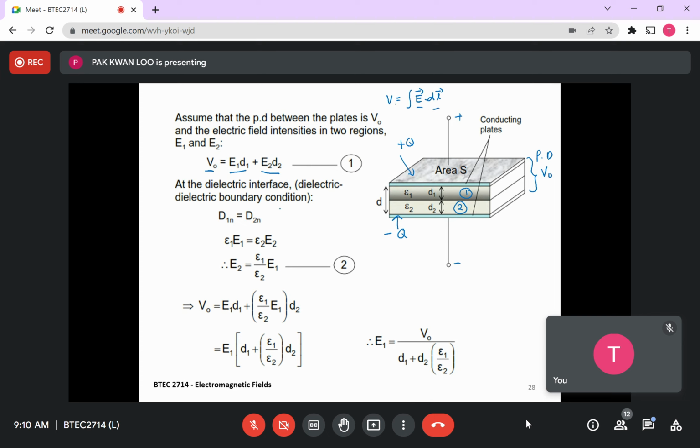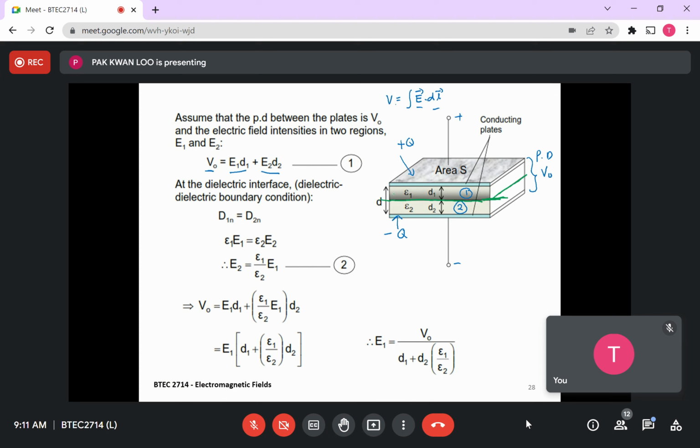At this dielectric interface, the one that I'm highlighting, the boundary condition is that there is no surface charge density, so all the charge is on the plates.